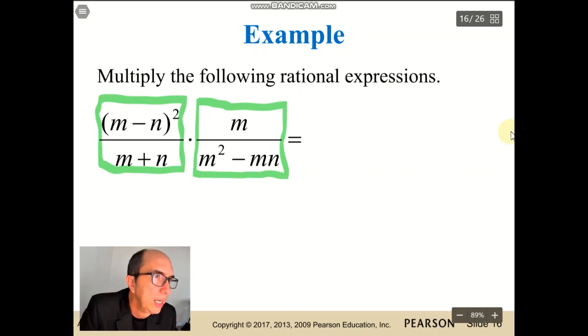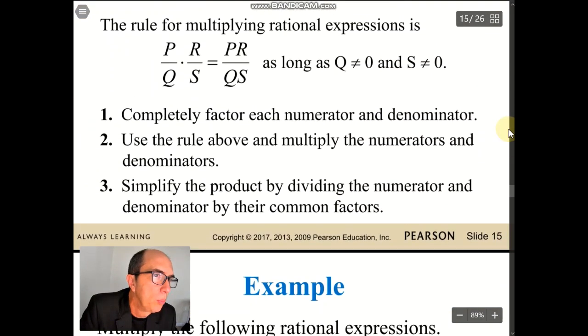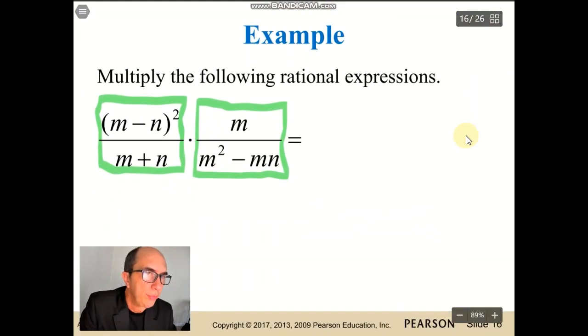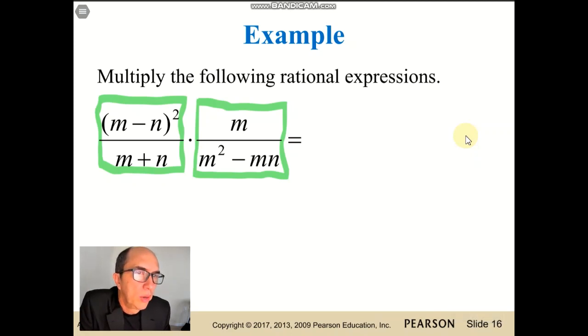Let's check this step by step. Completely factor each numerator and denominator. Use the rule above and multiply the numerators and denominators. Can we factor it a little bit further? I cannot see anything that we can factor out here. It's already good.